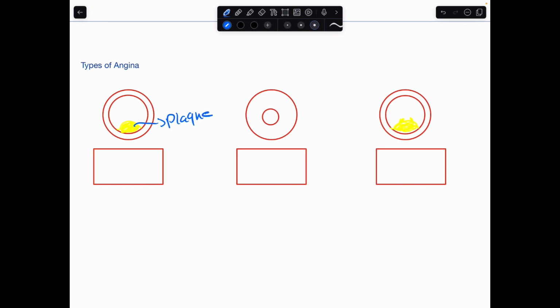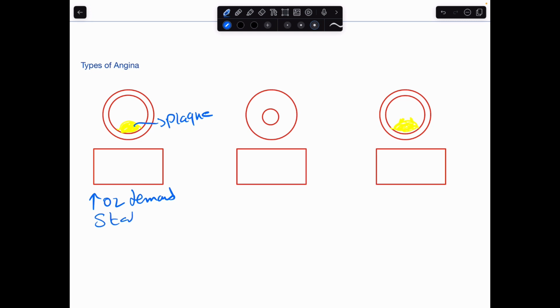So let's talk about the first type. In the first type, you can see the plaque is stable and the myocytes are fine. But if there's any increased oxygen demand, like exertion, going up hills, running, then the patient will start experiencing symptoms of angina, because the oxygen demand is now higher and the slightly narrower vessel is not able to supply it.